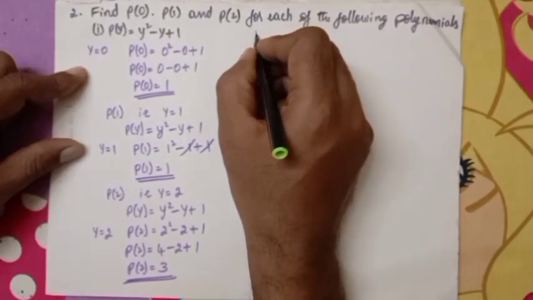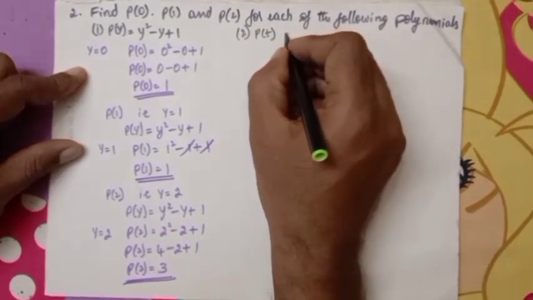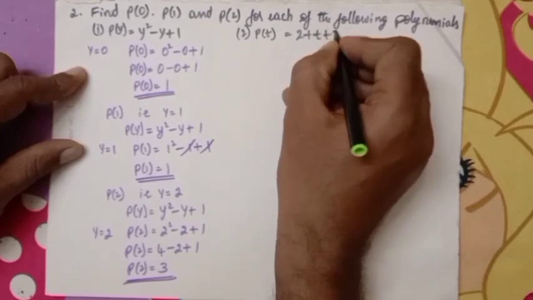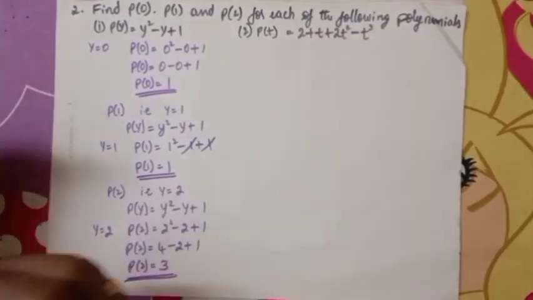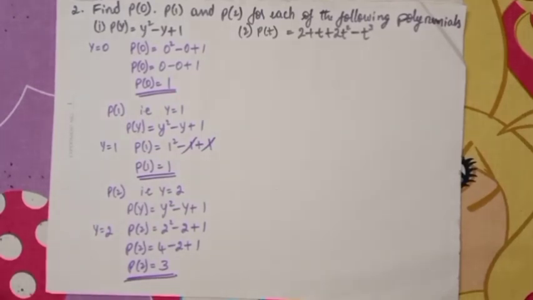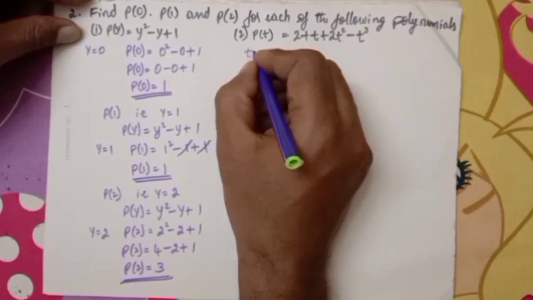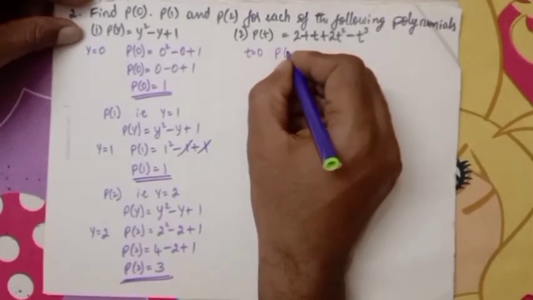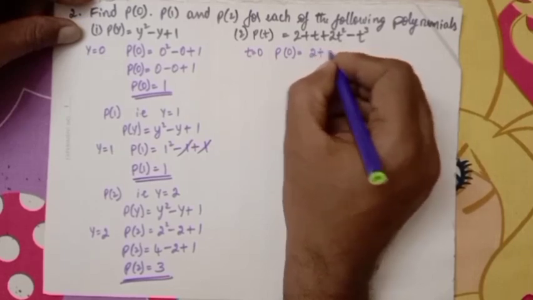p of t, second case, is equal to 2 plus t plus 2t square minus t cube. In the same way, at t is equal to 0, p of 0 is equal to 2 plus t.